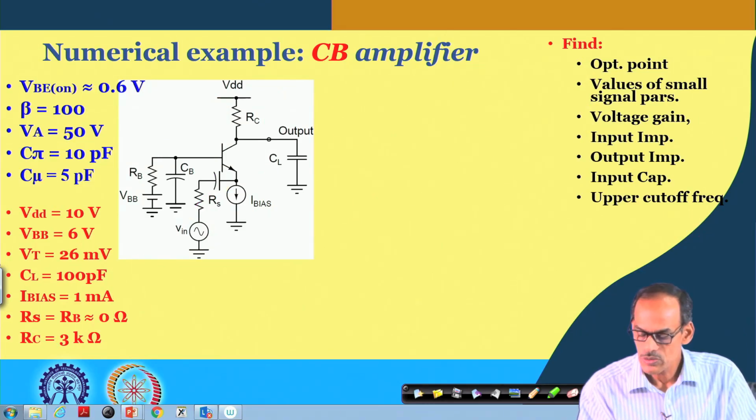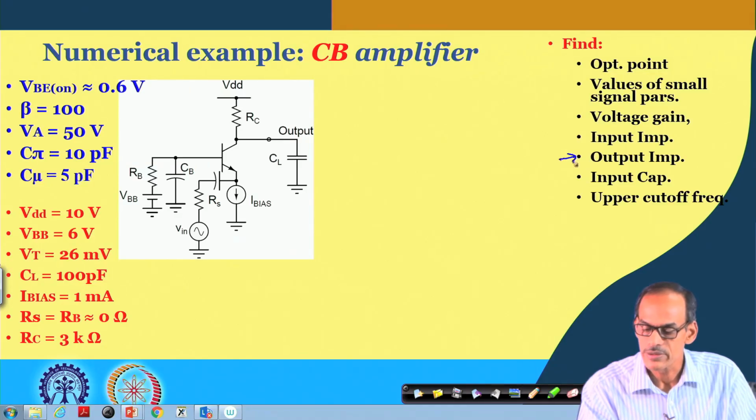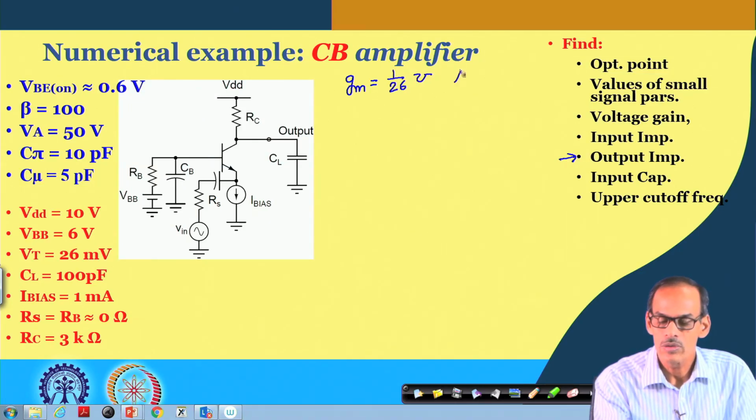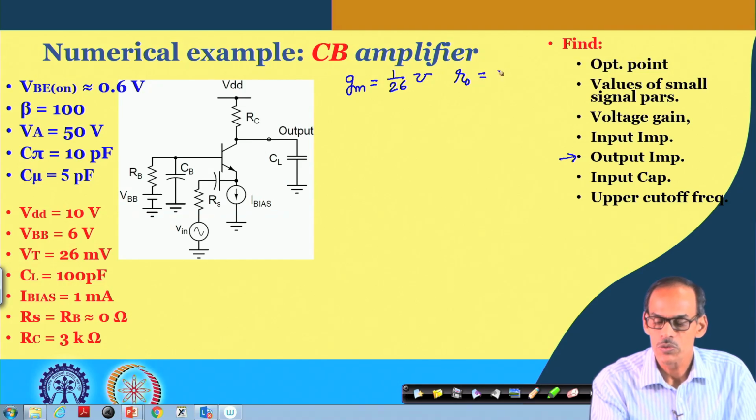So, we need to calculate the output impedance, and as I said, G M is equal to 1 by 26 mho, R O equals 50 kilo ohm, and R pi is equal to 2.6 kilo ohm.